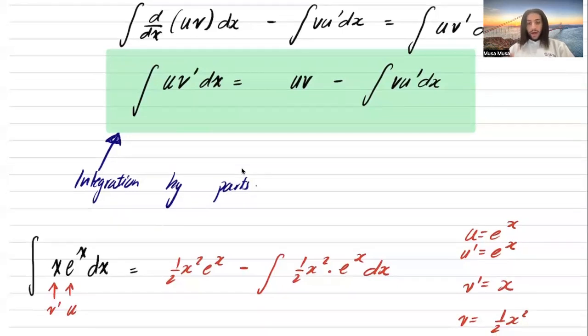Okay. As you go through these questions, you might find it hard to choose which one is going to be the u and which one is going to be the v dash. But I think you're going to start recognizing some properties. Most of the time, not always, most of the time, you're going to be differentiating out the polynomial. Or, in other words, you're going to be letting u equal to the polynomial function in it.